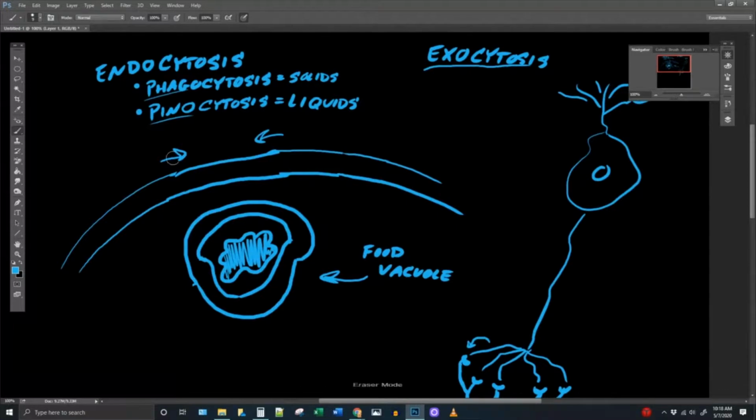One more kind of endocytosis that we can talk about is receptor-mediated endocytosis.